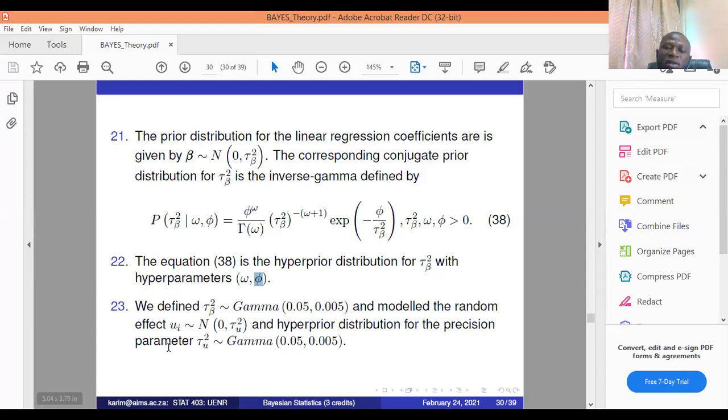And then the residuals to have a normal distribution with mean 0 and then variance that. And then the variance of the residuals to have a gamma distribution defined by this. Once you specify this, then it becomes easier to simulate the parameters from the posterior distribution.